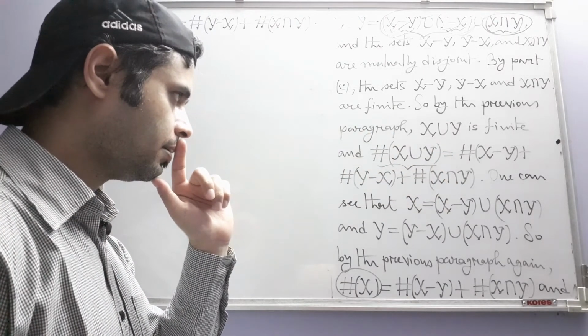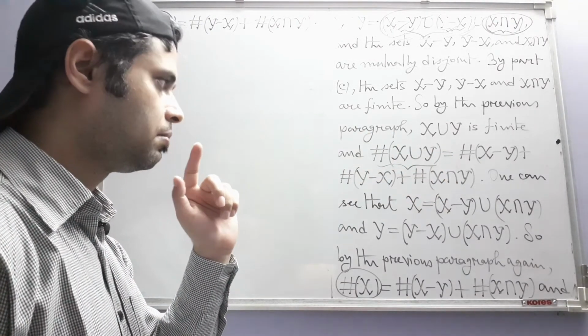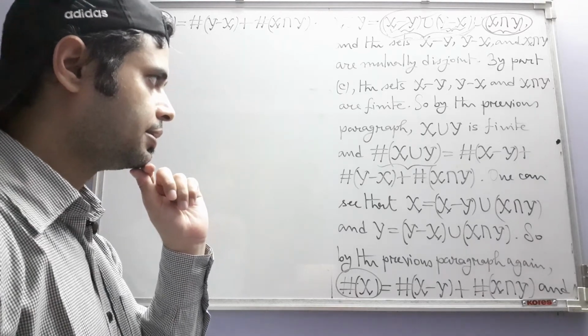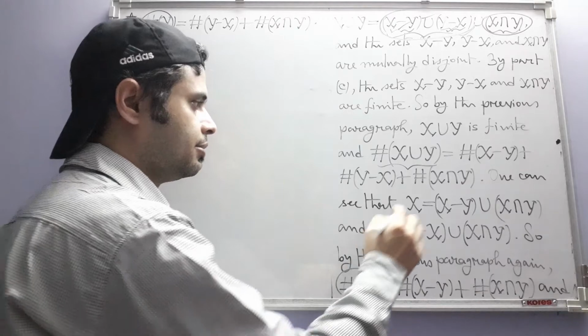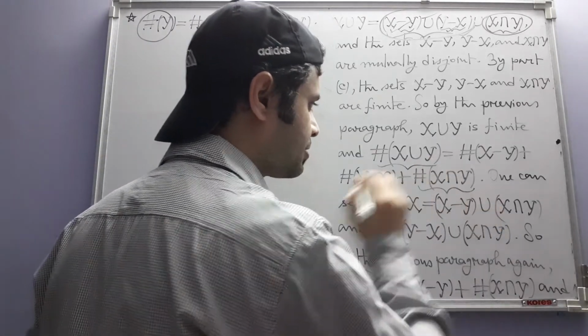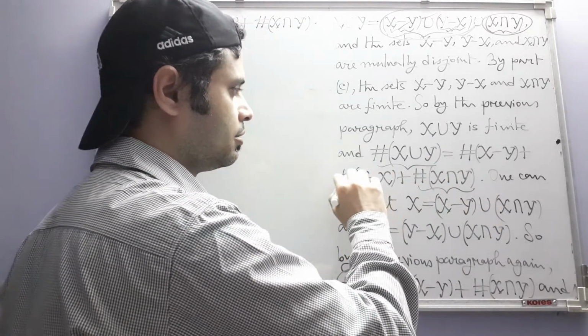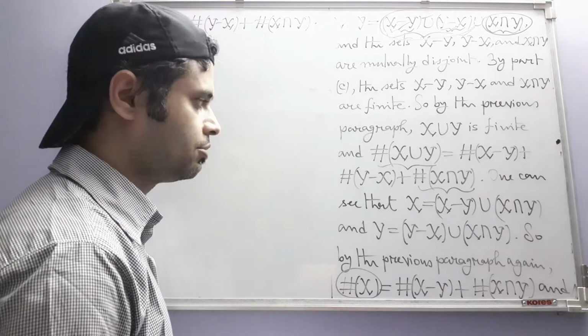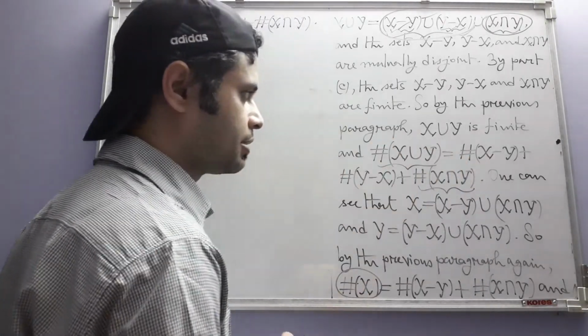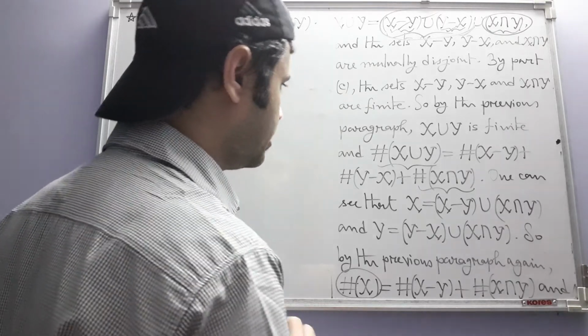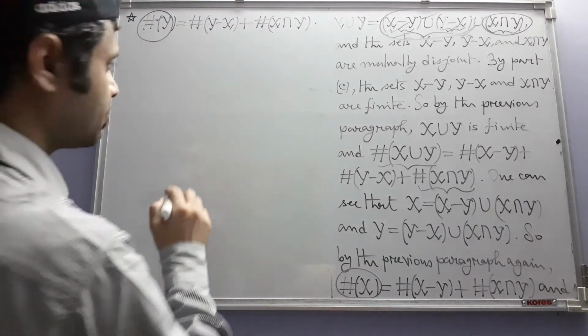Okay, so now we have to make sense of that inequality. If we add cardinality of x intersection y on both sides, what do we get then? Here we will have cardinality of x intersection y, and here, yes, that's what we have to do.